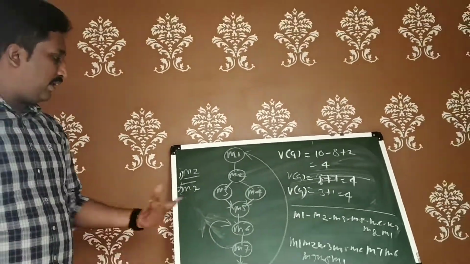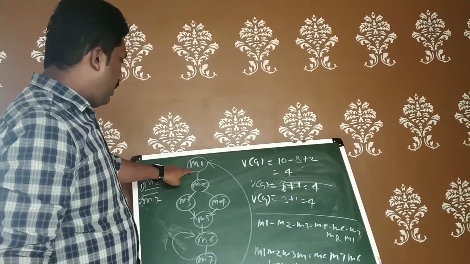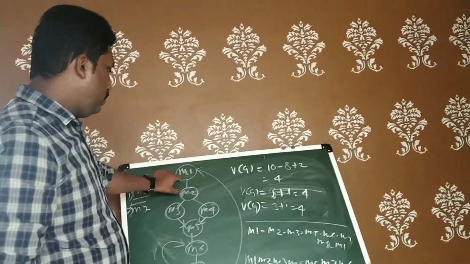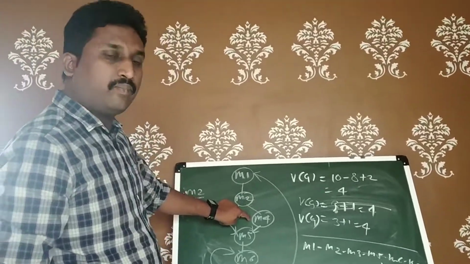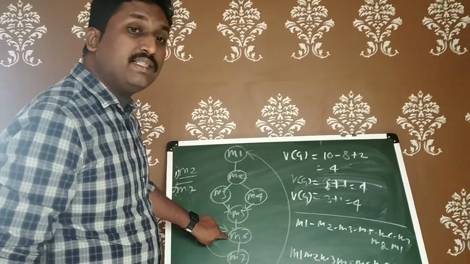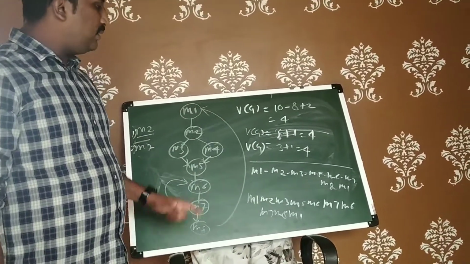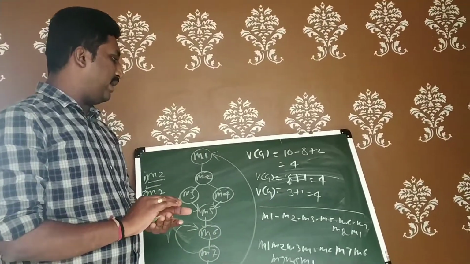And the 4th path is M1, M2, M4, M5, M6, M7, M6, M7, M8 and M1. These are the 4 independent paths we will be getting.